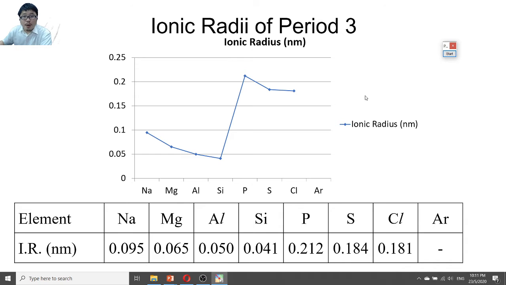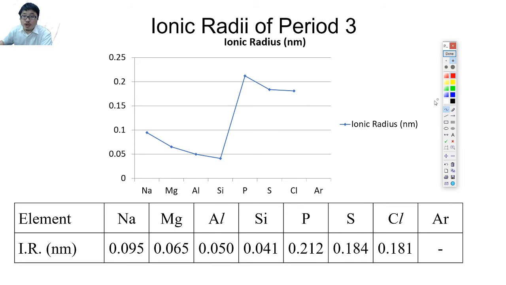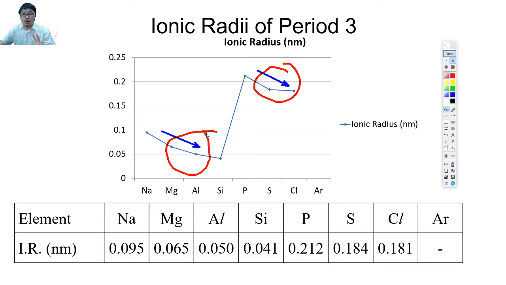But one more thing also to note, not only do both trends decrease, the anions are larger than the cations. So we need to analyze two things. First, the decrease in both cations and anions, and why anions are bigger than cations.